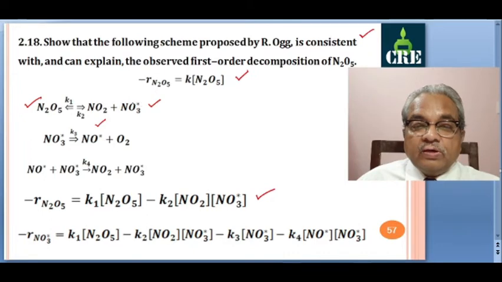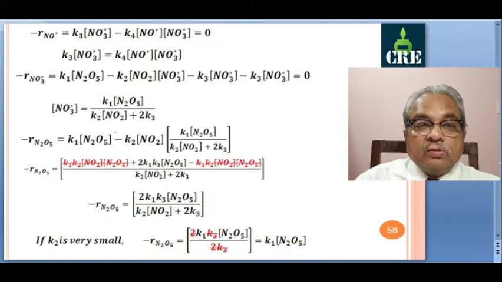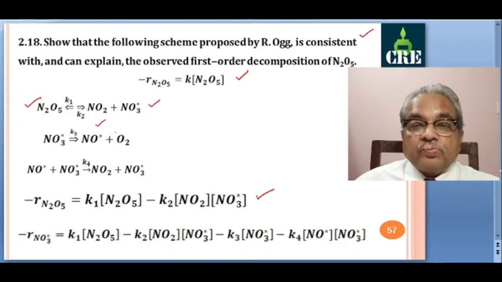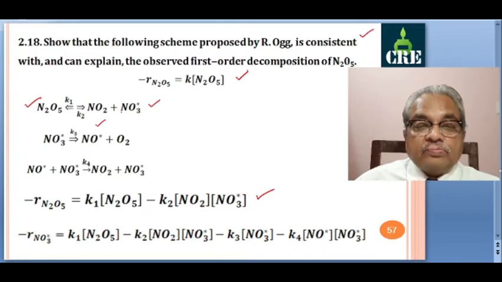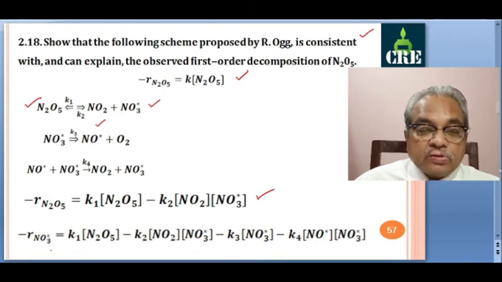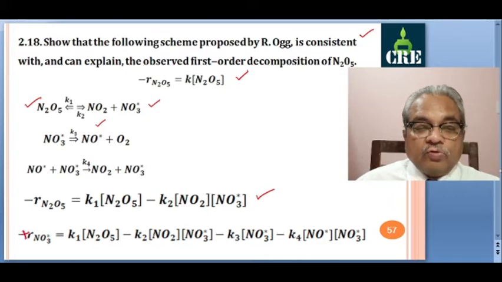So we will write the net rate of formation for this and then equate this to 0, net rate of formation. So NO3 star is formed by the forward reaction, it is disappearing by this reaction, plus sign here, rate of formation.